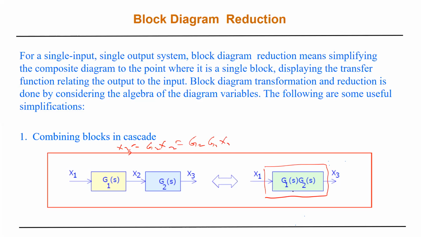The order in here should be G2, G1, but it doesn't matter since we are talking about single input, single output. However, when we use multi-input, multi-output, the order will be very important. Why?